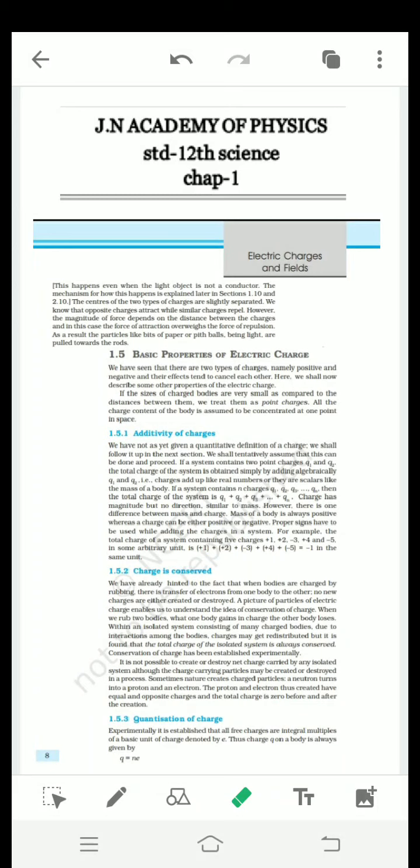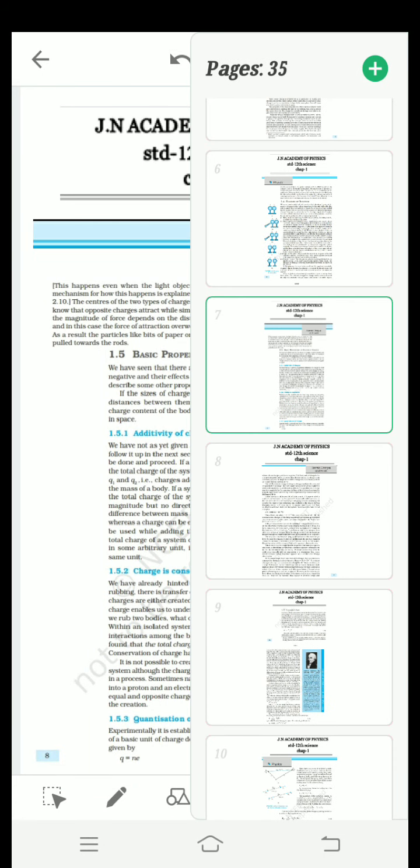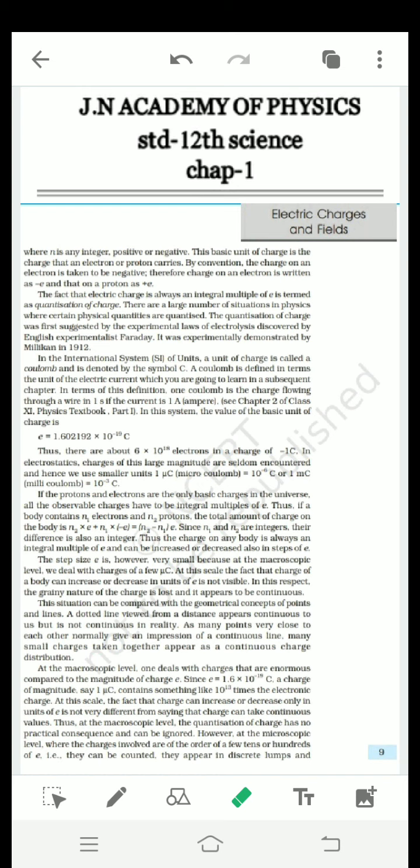Experimentally, it is established that all free charges are integral multiples of a basic unit of charge denoted by e. Thus, charge Q on a body is always given by Q equals n times e, where n is any integer, positive or negative.